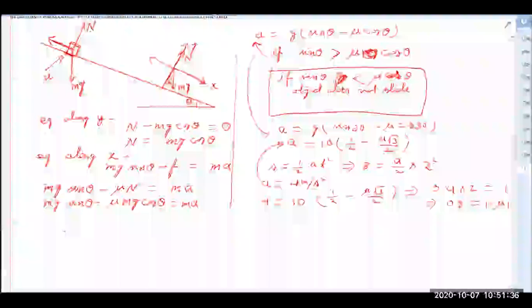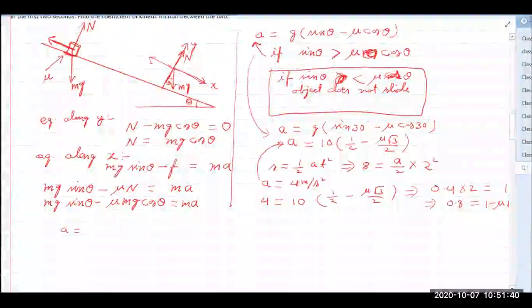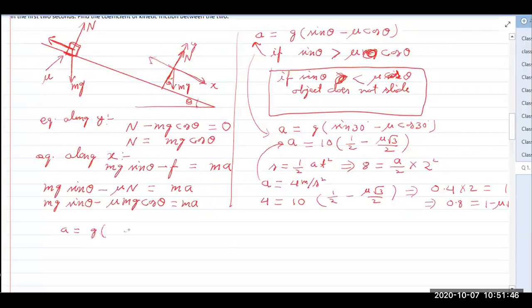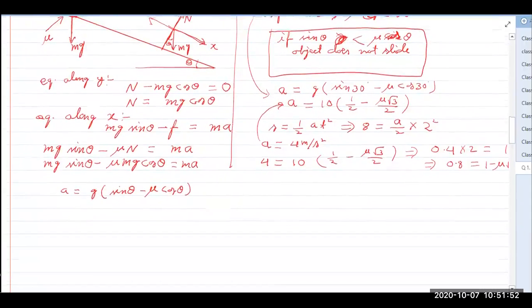Any doubt? We have written the acceleration a equals g sin theta minus mu cos theta. Now we can take another condition: if sin theta is less than mu cos theta, what will happen?